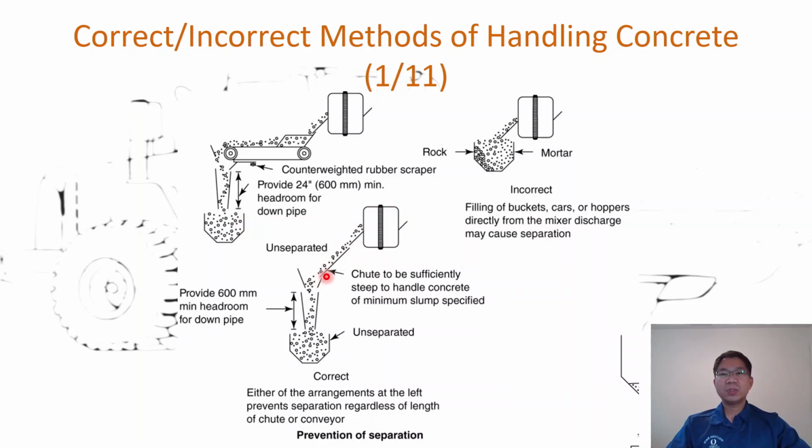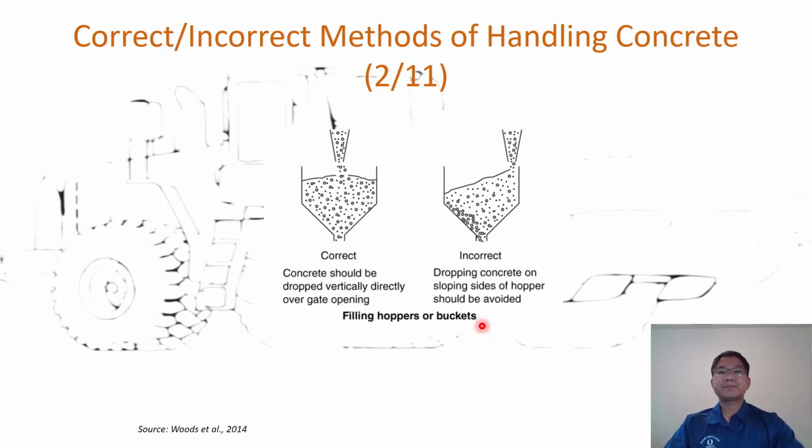If it's more vertical, we can use the belt or the chute, and we need to have the headroom and the down pipe, both sides, so that the concrete distributes homogeneously in the area. And when you drop the concrete, we have to drop it in the middle, not on one side, because one side tends to segregate the concrete, as you can see there.